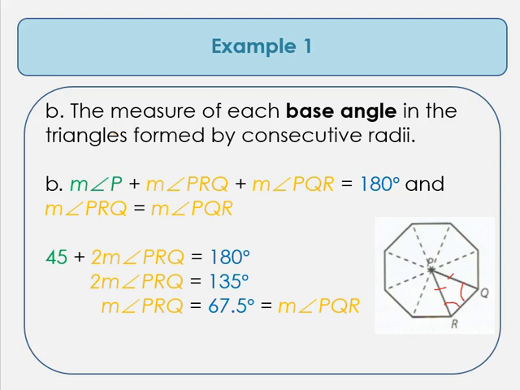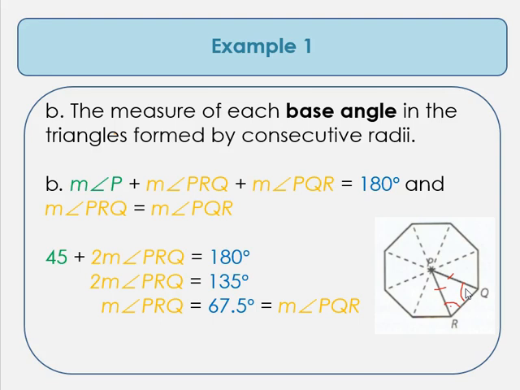So let's take a look. The measure of angle P plus the measure of angle PRQ, which is this one right here, and the measure of angle PQR, which is this base angle, equal 180. We know that because the angles of a triangle equal 180 degrees.